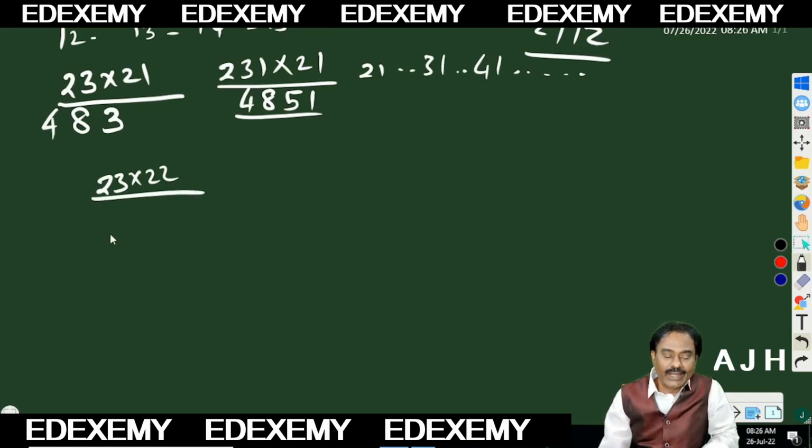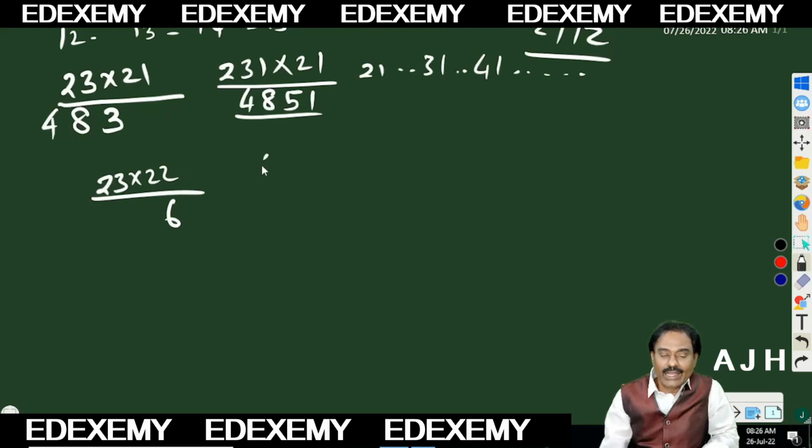Now you multiply 23 into 22. Here both the digits are 2. Now 2 into 3 is 6, the unit number you multiply. Here what you have to do is multiply both the numbers by 2 and then add. That will form the middle number.